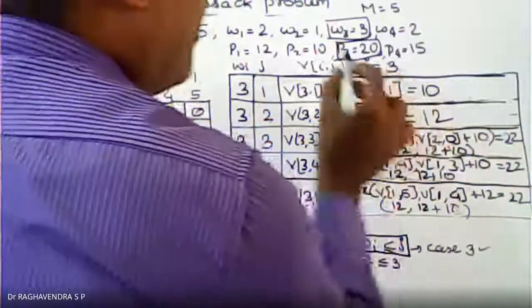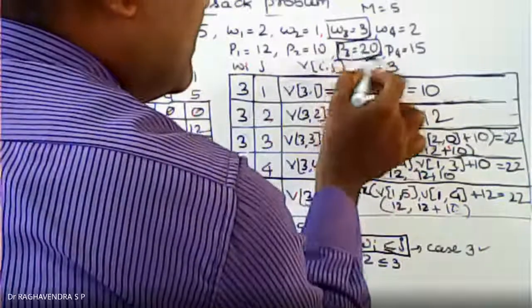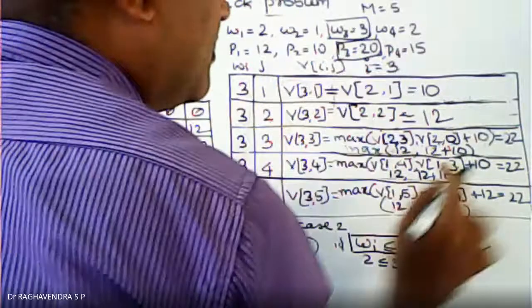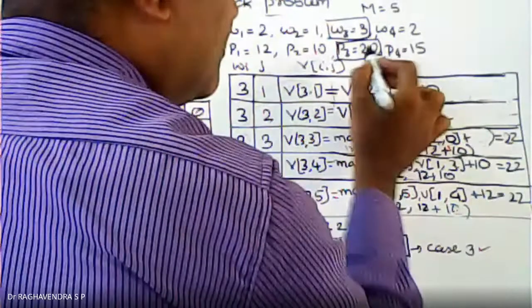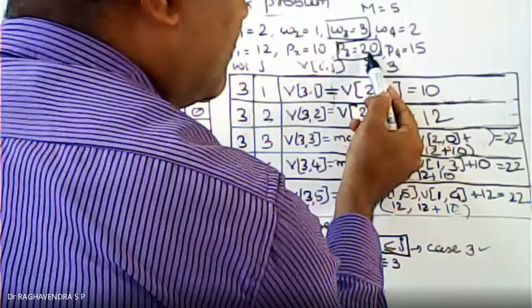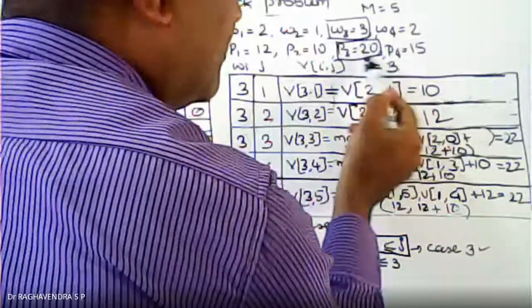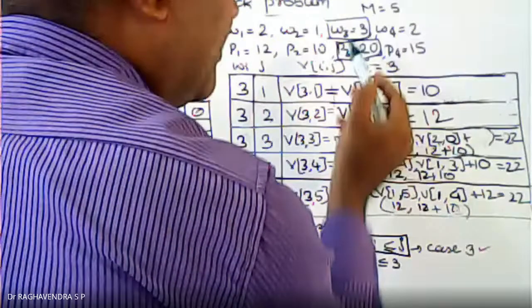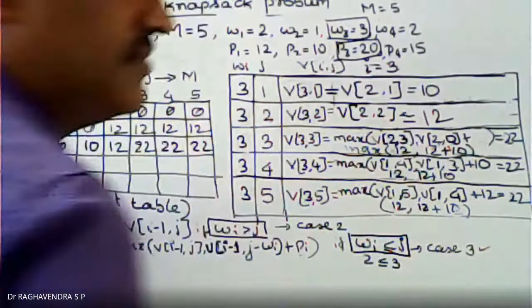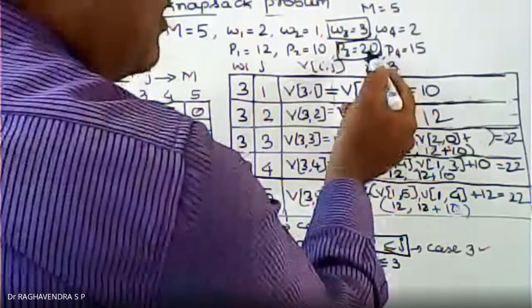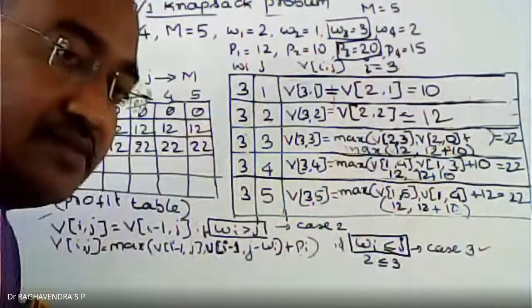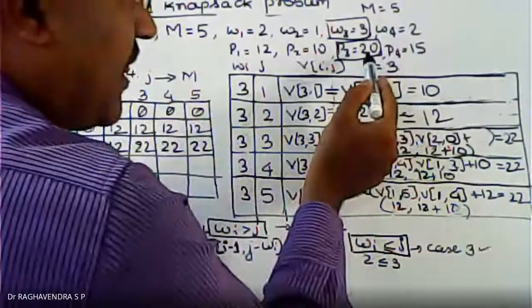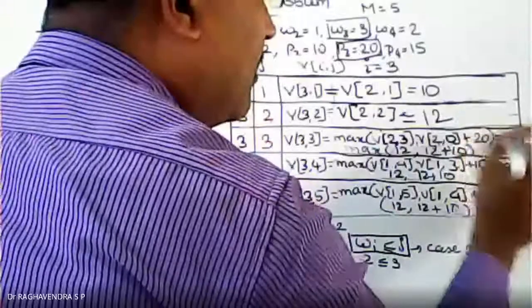0 plus profit. What is the profit in this case? This is the profit, how much profit? 20.